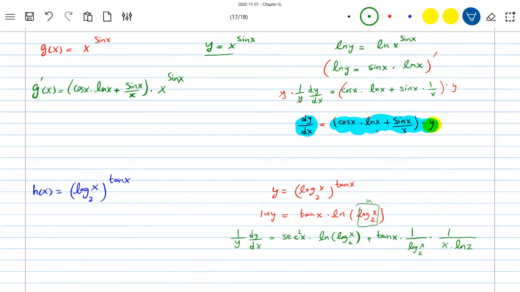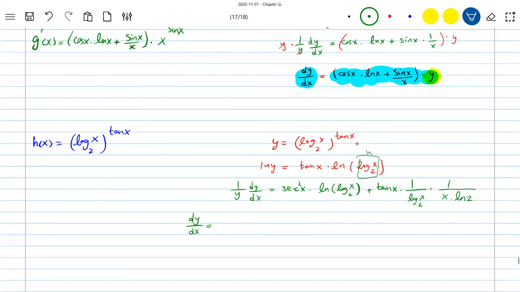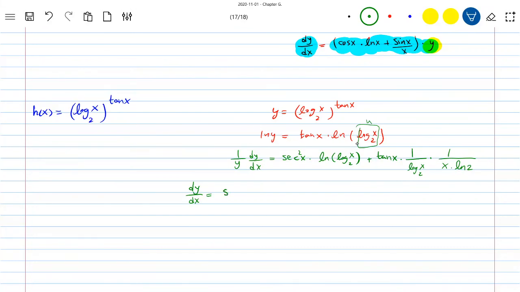We can find out what is dy over dx. dy over dx equals, multiply both sides by y again. It will be secant squared x times ln log x base 2 plus tangent x times all those terms. I can put it in the denominator, log x base 2 times x ln 2.